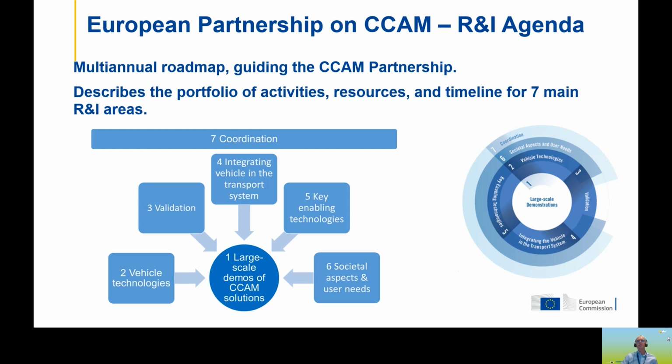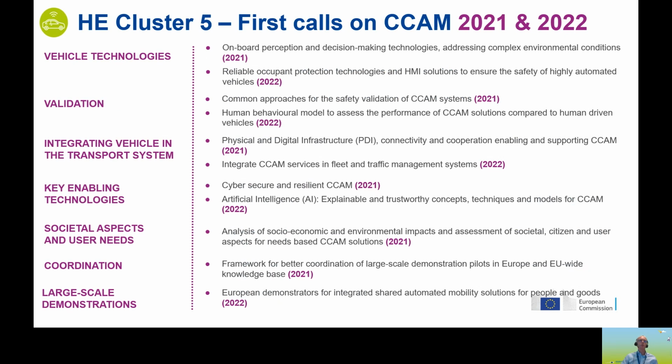So all these 7 research and innovation areas or clusters are now addressed by these 11 topics, so that we are going to present now in a moment to you. So on the left-hand side, you see on the slide the 7 different research and innovation areas, and on the right-hand side, you see then how the different topics are allocated to the 7 areas.